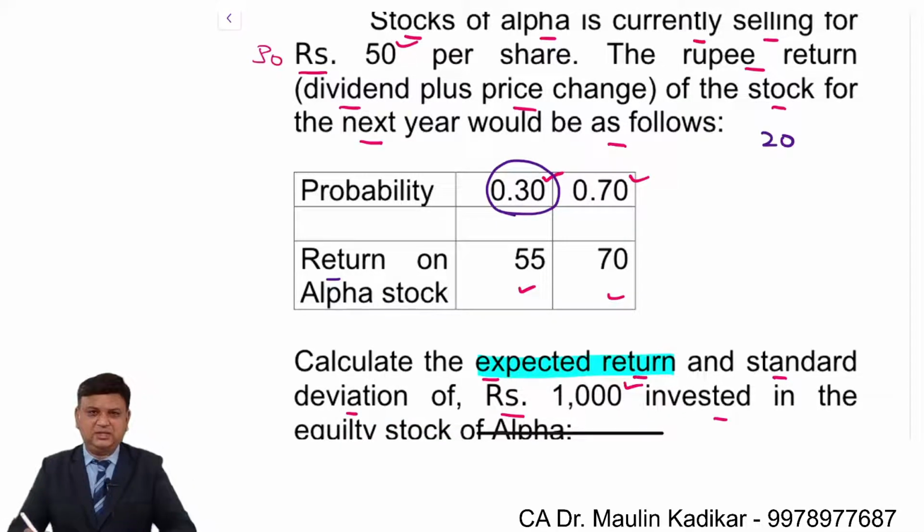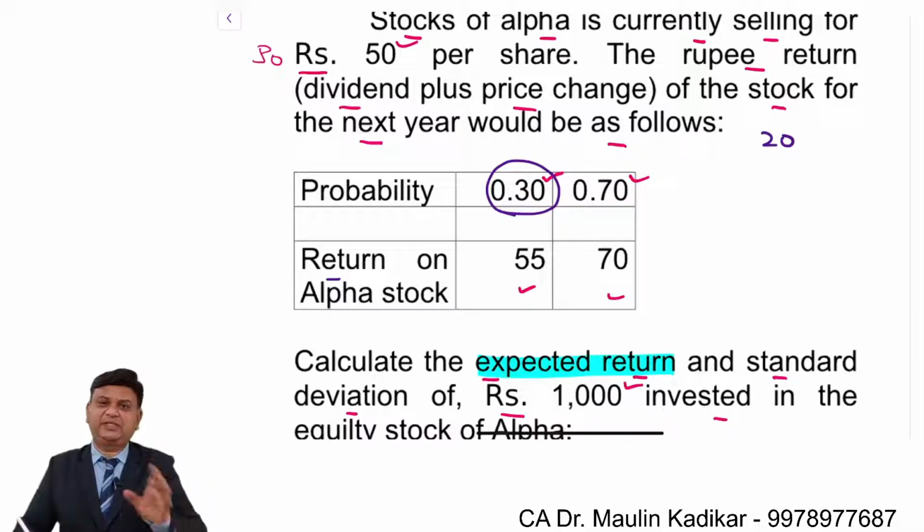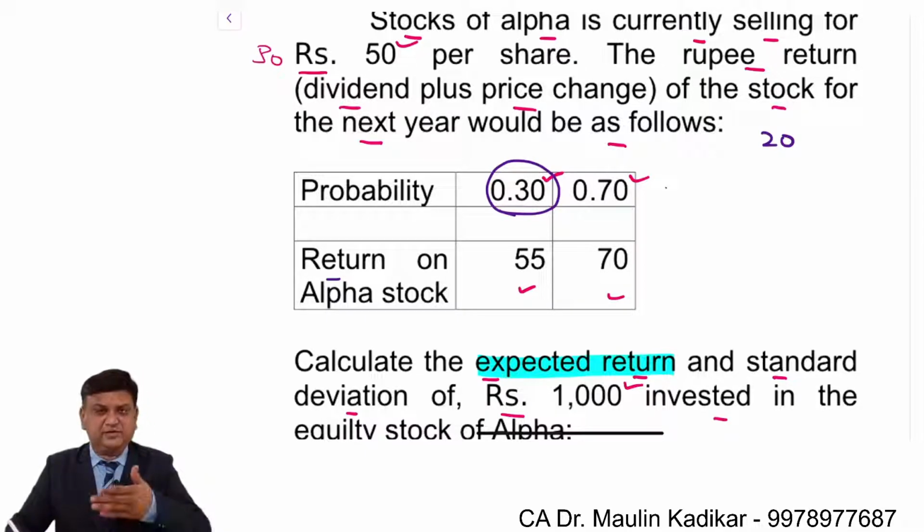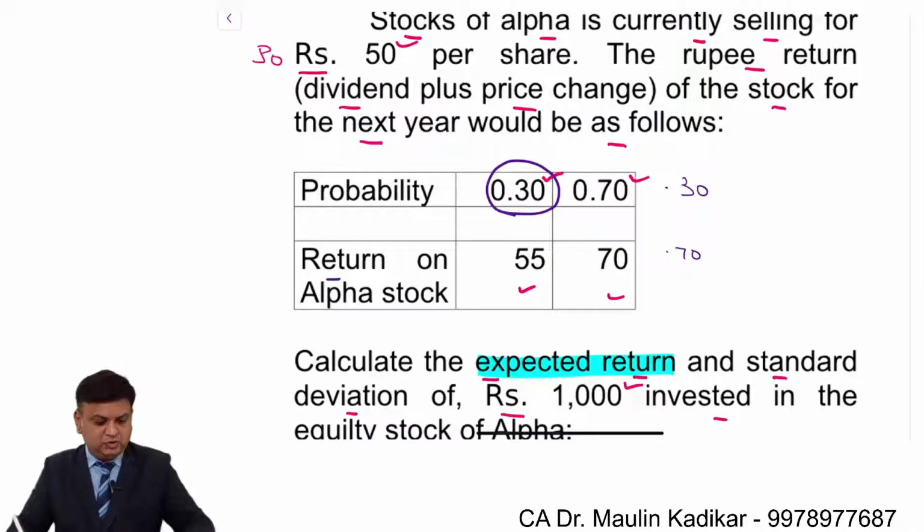If you are computing in rupees term, 30% and 70%, 20 shares that you have purchased into 55, so 20 into 55, your return will be rupees 1100. And 70 into 20, your return will be rupees 1400.